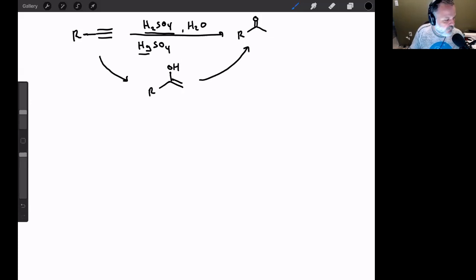This enol rapidly tautomerizes, the word is tautomerize, and I'll spell that and define it here in a second, into the ketone. It's not exactly resonance. It's more of a, it's actually the movement of a hydrogen.